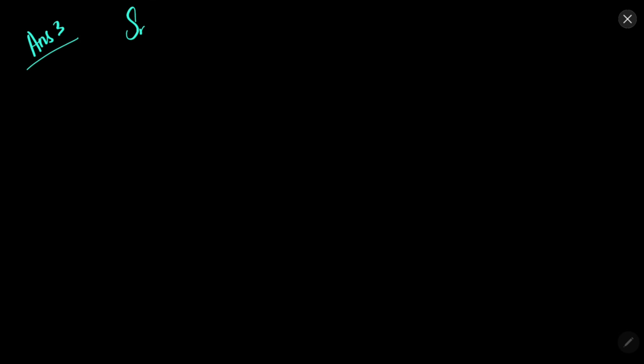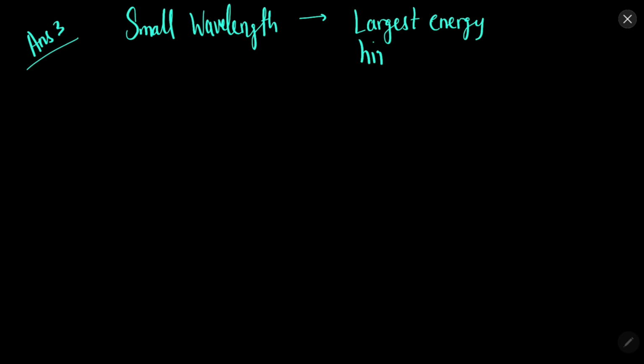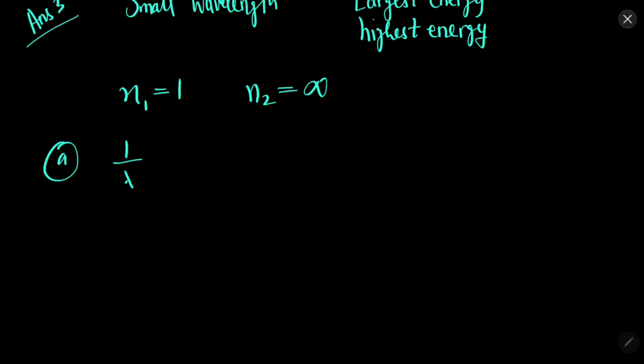If you want a small wavelength, then it means the highest energy, because energy and wavelength are inverse of each other. So this means n1 will be 1 and n2 will be infinity. Part A: 1 over lambda is R times 1 over n1 square minus 1 over n2 square.